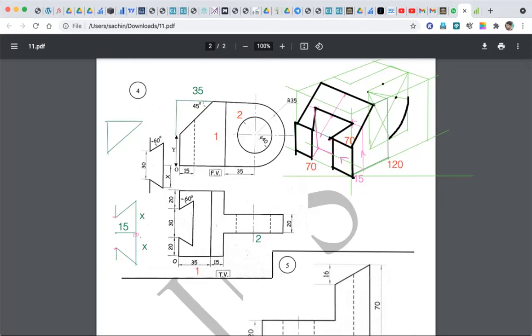From this point, this way, like this. Got it?